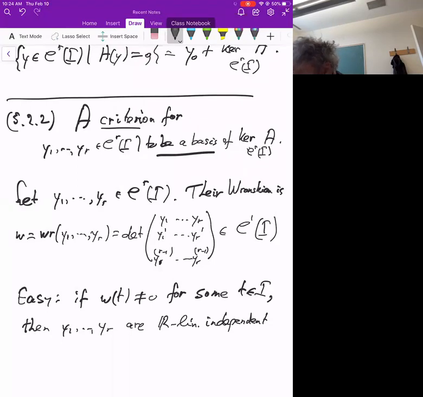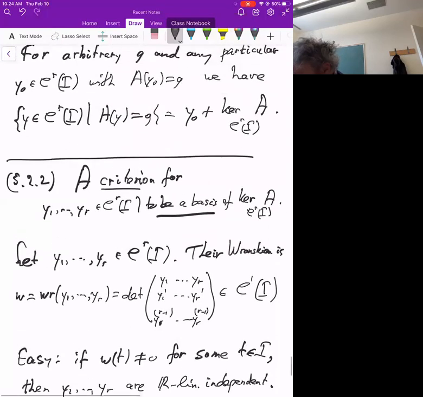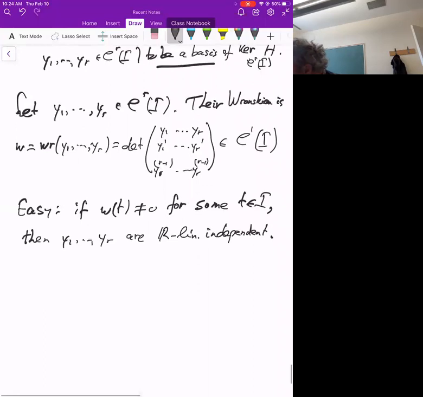And then the determinant would always have to be 0.